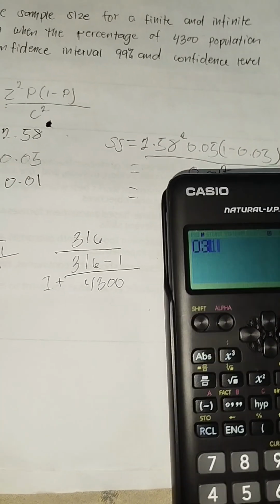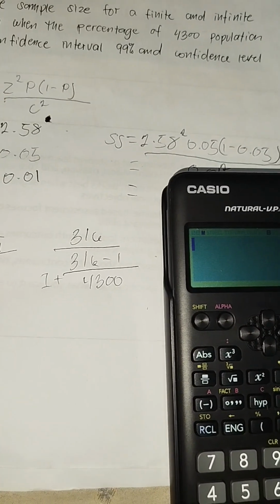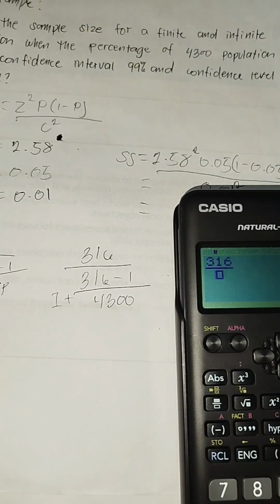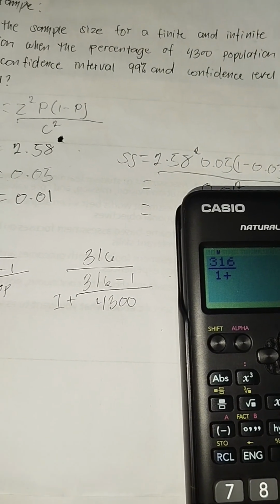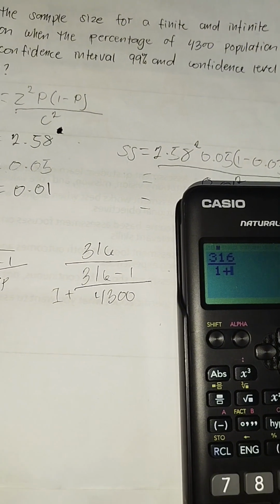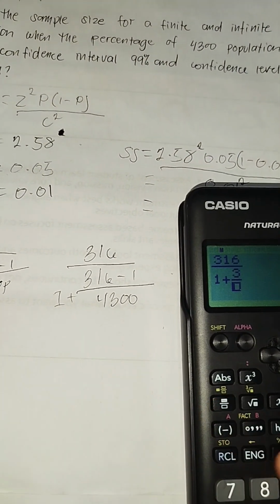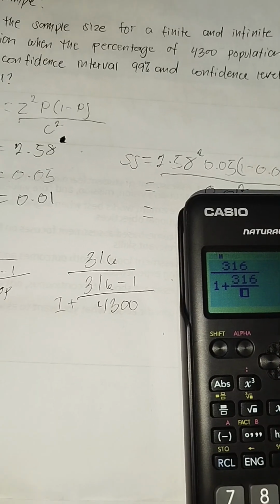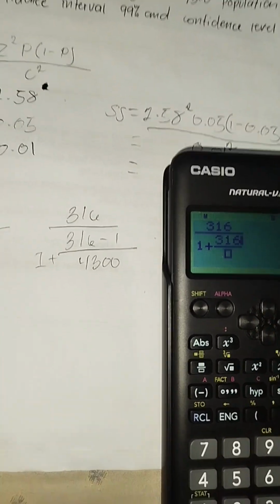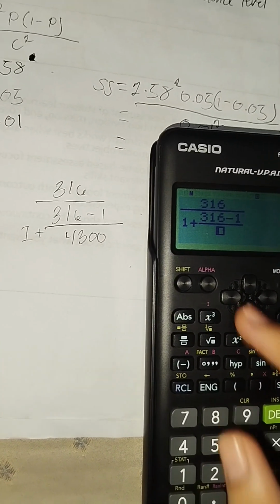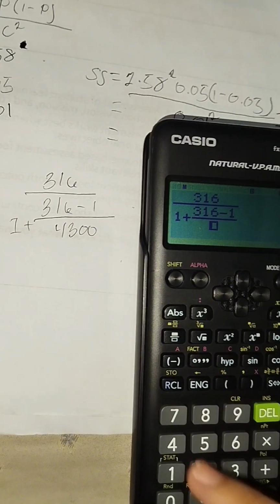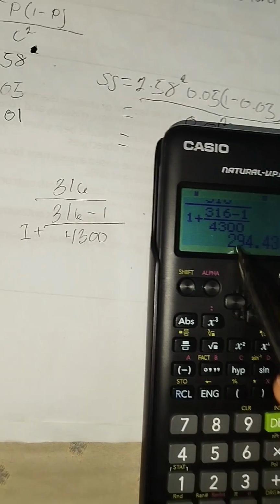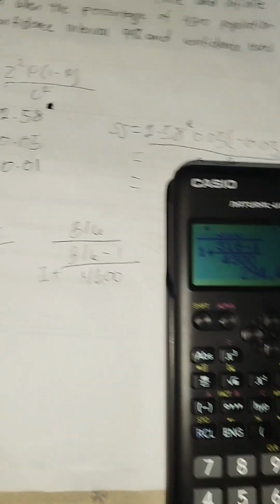So, 316 over 1 plus 316 minus 1 over 4,300 equals 294.